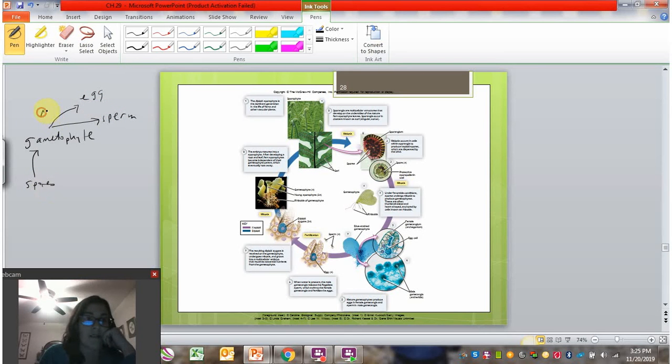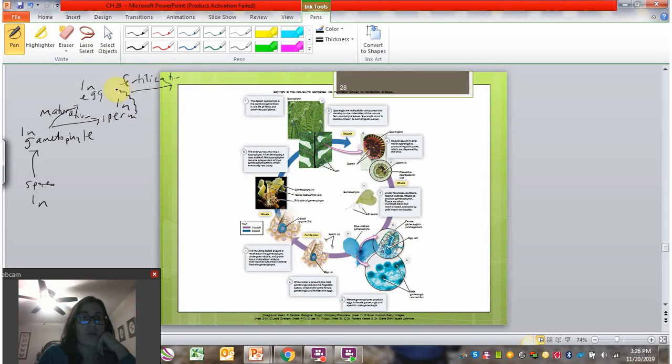The gametophyte makes the gametes through a maturation process because it's already haploid. So the gametophyte is haploid, the egg and sperm are haploid, the spores are haploid. The egg and the sperm are being formed in the gametophyte tissue. The egg is actually inside of the gametophyte tissue, held in the archegonia. The sperm are produced in antheridia. So that part is pretty much all the same as in the bryophytes. The sperm has to swim to the egg, and if it does, fertilization occurs.